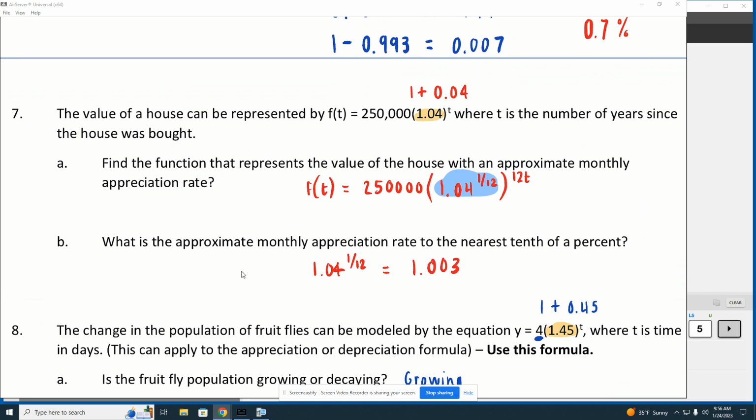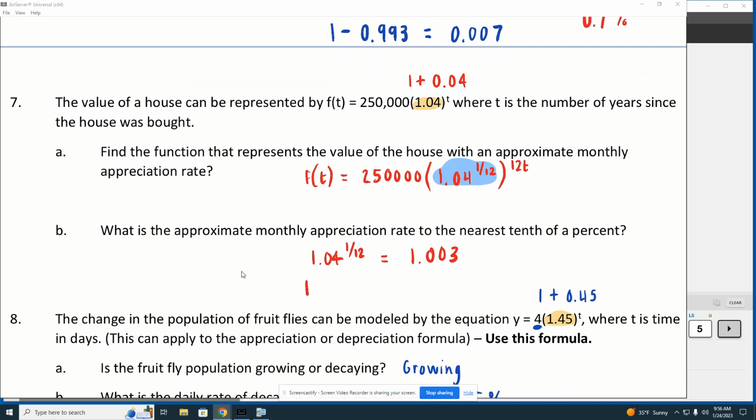So 1.04 raised to the 1/12 is 1.003. Now listen, because it's above 1, remember the last one was depreciation, so we subtracted the value from 1. This is appreciation, so we're actually going to subtract 1 from that value. So we're going to do 1.003 minus 1, and I'll get 0.003.